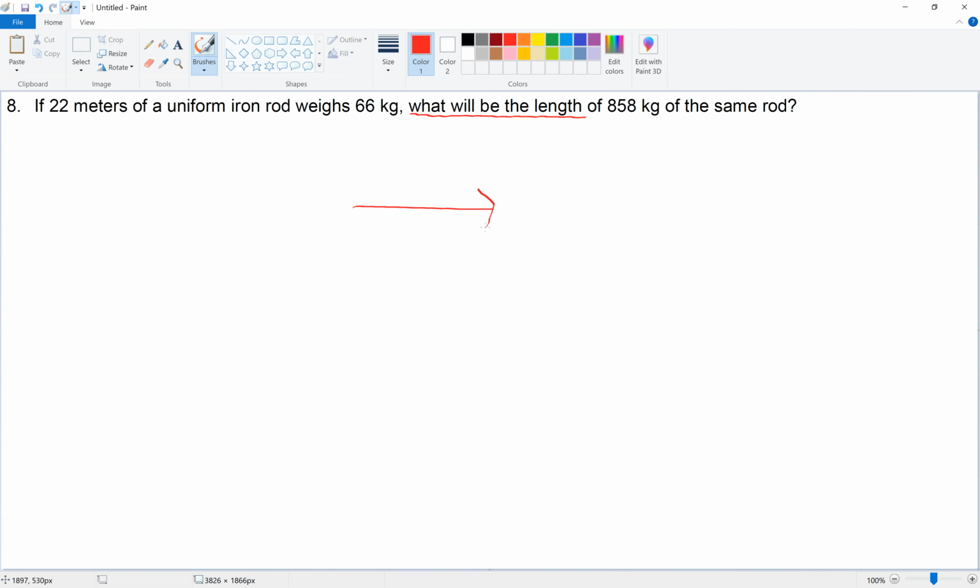So, what should be on the right side? What should be on the left side? The right side should be length and the left side should be weight. And this is 66 kg. Next step.